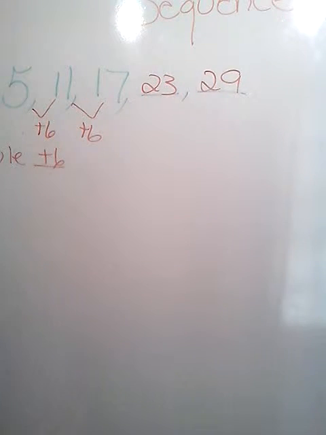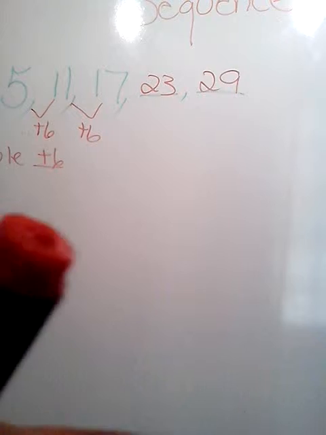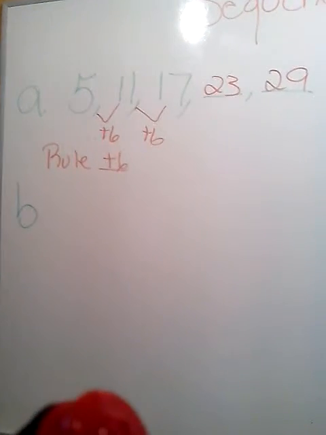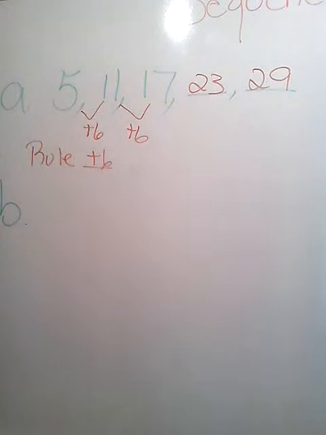Let's do B. Let's say I gave you the pattern. And just because it looks different does not mean it doesn't work the same way. It's going to look a little differently, but it still is the same topic. It's still sequence.